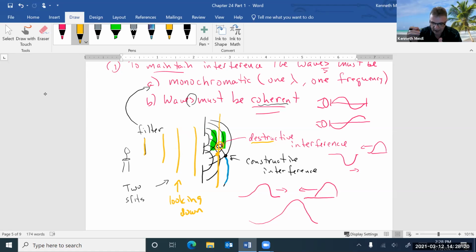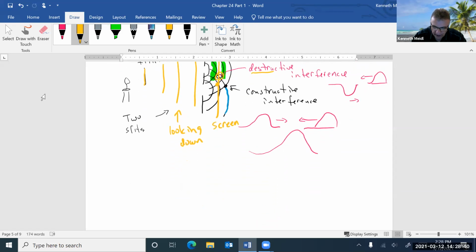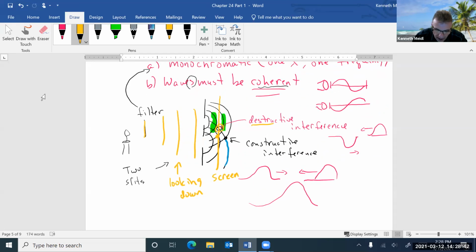And I'm looking down on what I put here as the screen. Now, if I were to change my point of view and look straight at the screen, which could just be the wall, right? So you just have two little openings, let the light go through, and then eventually the waves hit the wall. But on the wall, what you see is what we call an interference pattern.